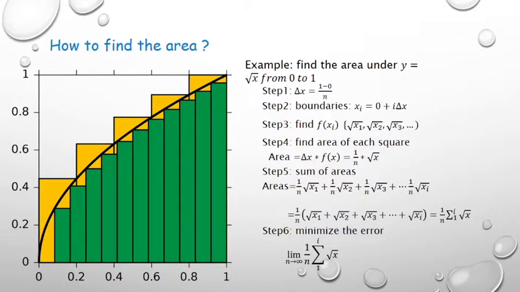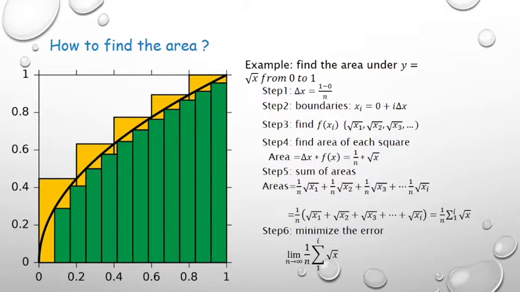Now that we have established the base and the height of each rectangle, we can start finding the area of the rectangle. As we can see, delta x will be the base of the rectangle and f of xi will be the height of one rectangle. So let's find out what the area is.